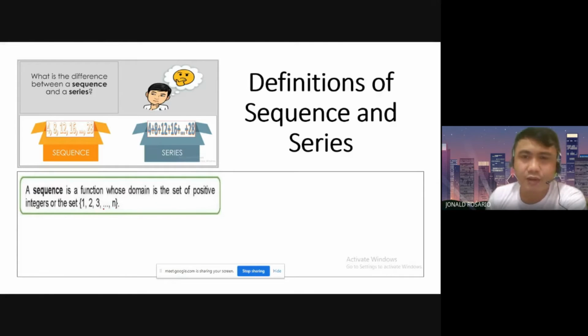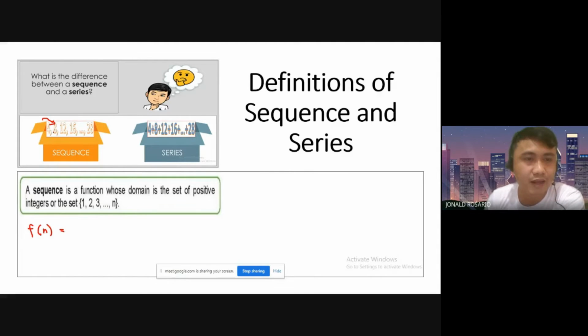Sir, kung function yan, ano kaya ang itsura ng function na ito? Ano yung function nitong ating example kanina? So, that is f sub n is equal to, since para makuha natin itong 4, itong 8, itong 12, itong 16, lahat po niyan ay multiples of 4.